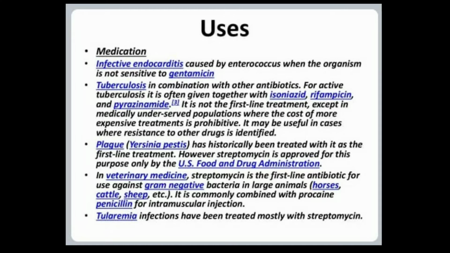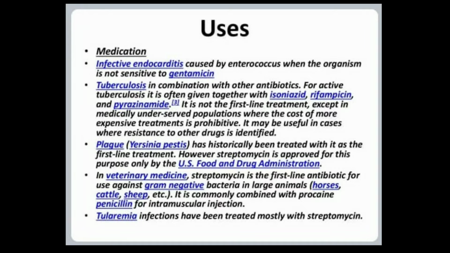Then we can see the uses. Firstly, it is a medication. It is effective for endocarditis caused by enterococcus when the organism is not sensitive to gentamicin. In tuberculosis, it is used in combination with other antibiotics. For active tuberculosis, it is often given together with isoniazid and rifampicin.